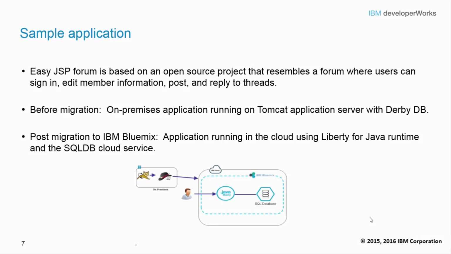So before the migration, we're going to simulate the on-premises EasyJSP forum application running on the Tomcat application server with a Derby database to interact with. And after migration is completed to IBM Bluemix, this application will be running in the Bluemix cloud using the Liberty for Java runtime and the SQL database as a cloud service.